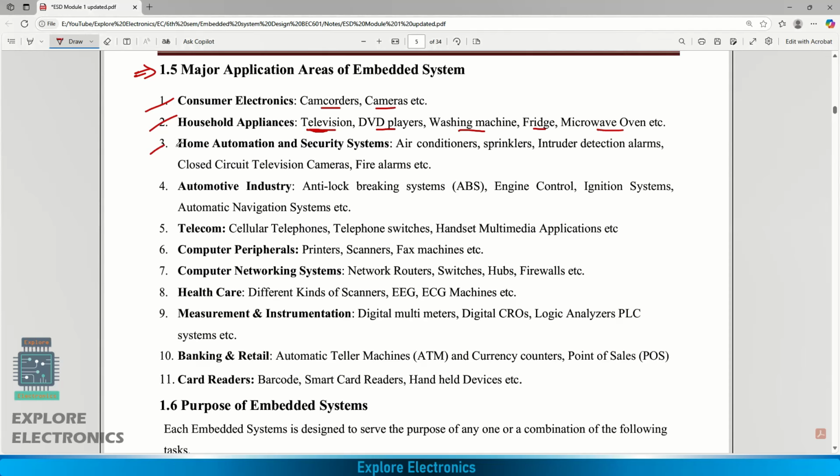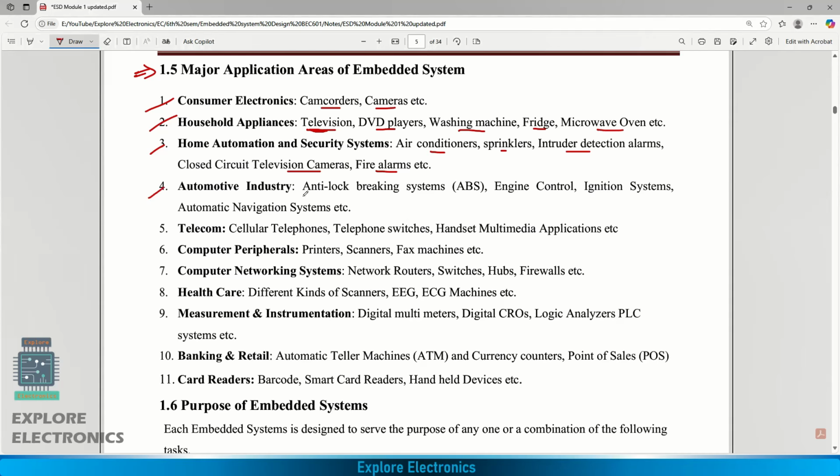Then home applications like automation and security systems like AC, sprinklers, intruder detection systems, cameras, again fire alarms, everything which you are using in day-to-day life, which is not so generalized in application, will be for a particular application, so you can say it is an embedded system.